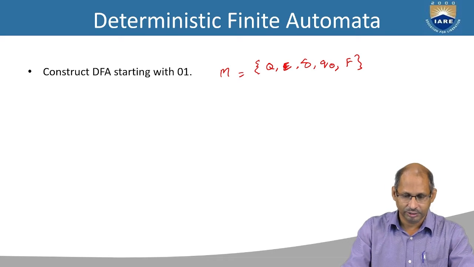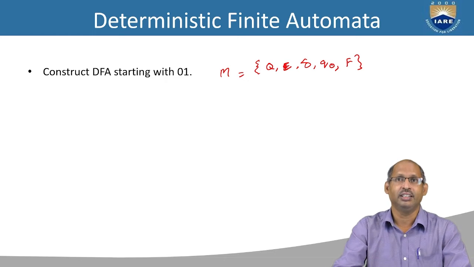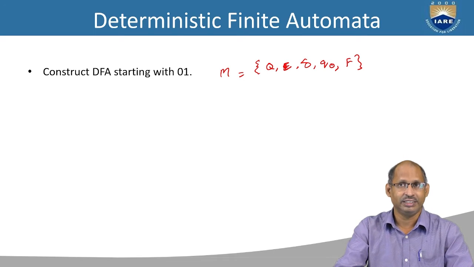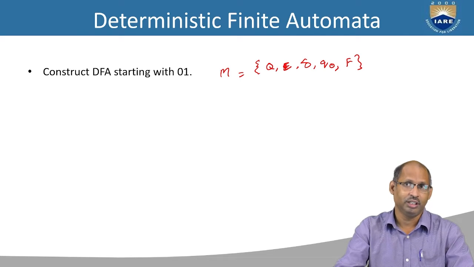So for our given problem, construct a DFA where strings start with 0, 1. It should start with 0, then 1. After that, it may have any number of zeros or ones. It doesn't bother.